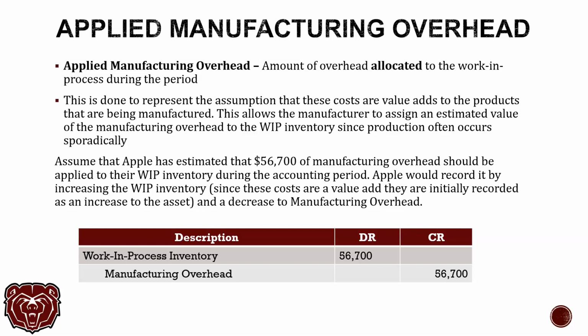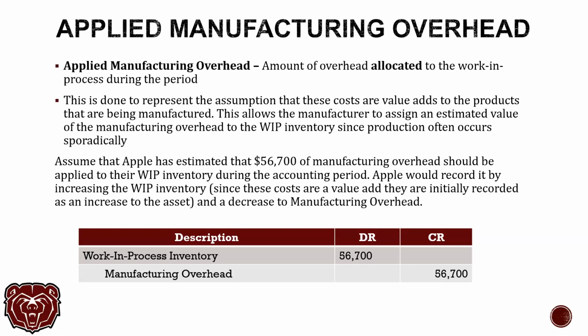The next thing is applied manufacturing overhead. Okay, so this is the amount of overhead that we allocate to the work in process during the period. So we've got an actual manufacturing overhead and we've got an applied manufacturing overhead. Okay, the reason we do this is because there is an assumption that these costs are value adds to the products that we're manufacturing.